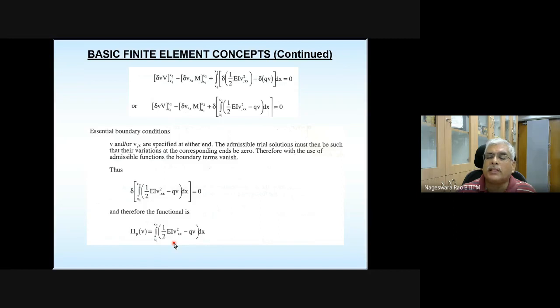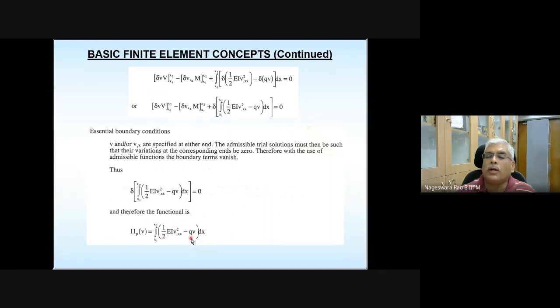You go back to your standard mechanics of materials textbook and check what is bending strain energy. Bending strain energy is given by this one: half E I times the whole square of the second derivative of V with respect to x. So this is the bending strain energy term.